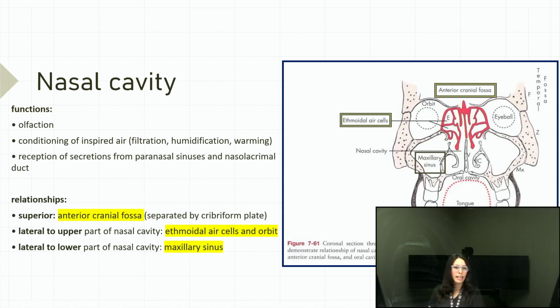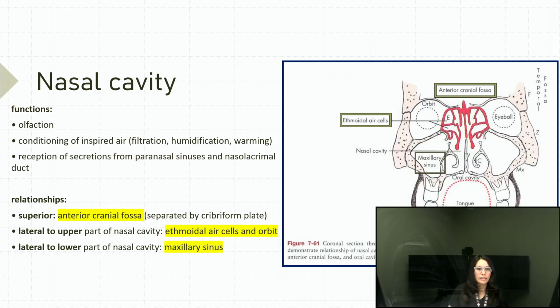Now, the nasal cavity has several very important functions, such as the detection of olfaction, or smelling. It conditions inspired air, so it allows you to filter, humidify, and warm the air that we're breathing in.